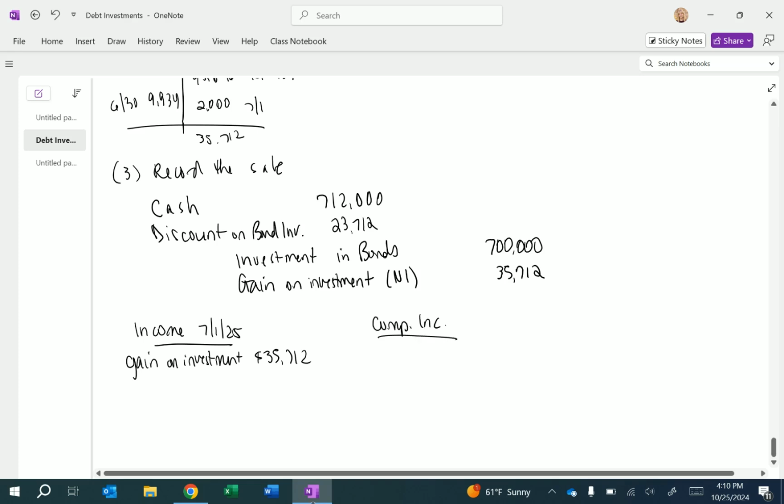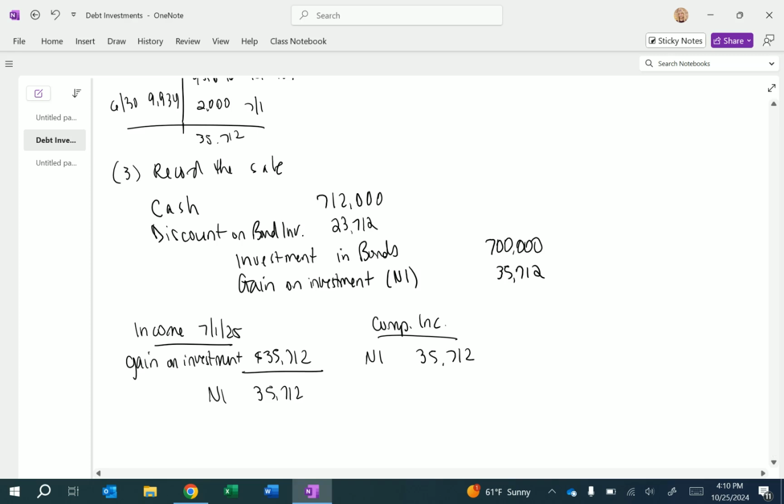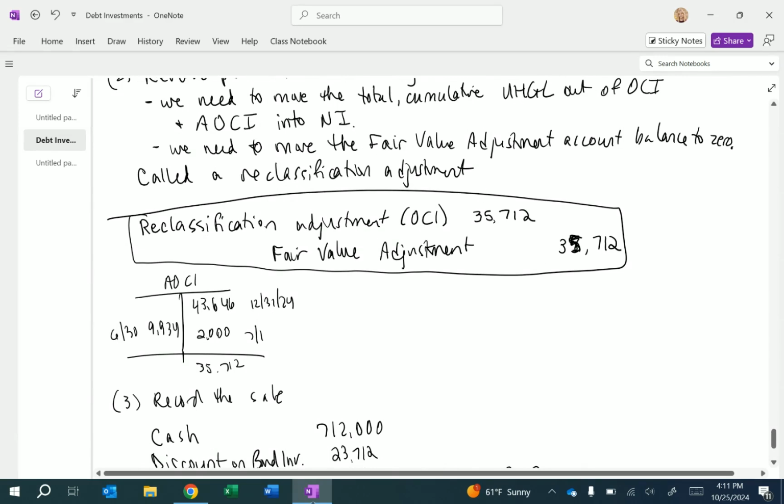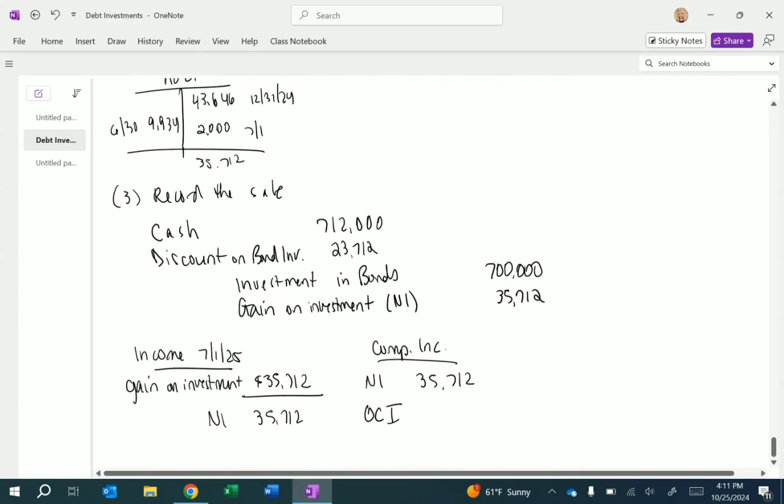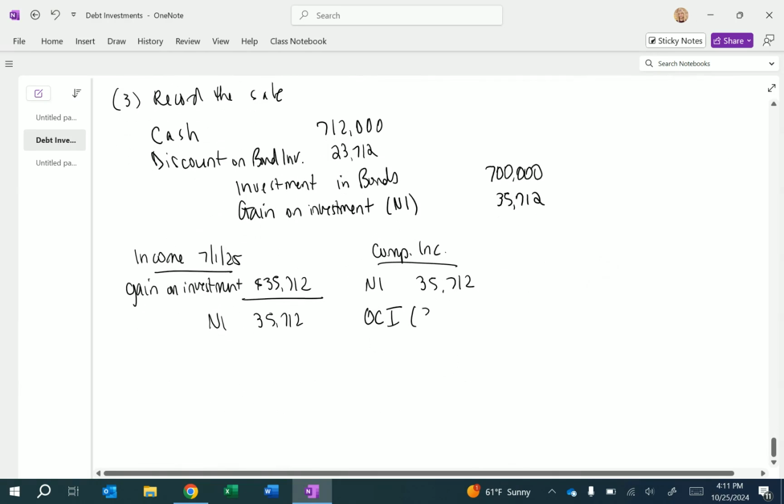We recorded in other comprehensive income a negative with this reclassification adjustment. And that offsets our net income. On our balance sheet, we have no investment, so we have nothing.